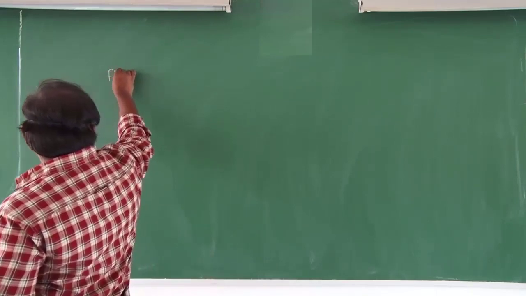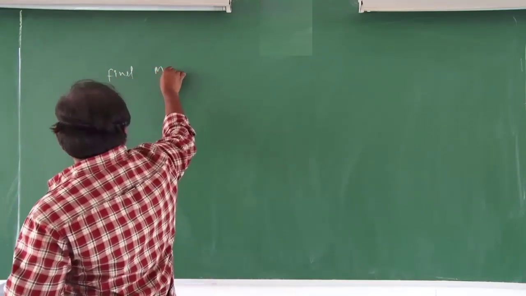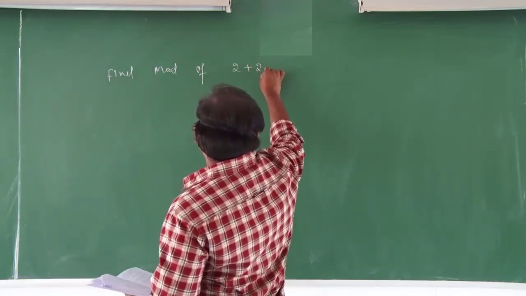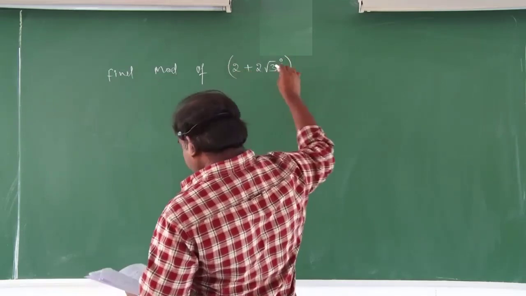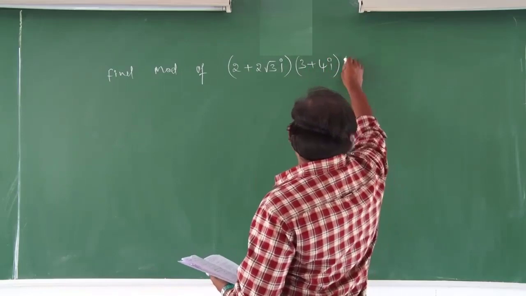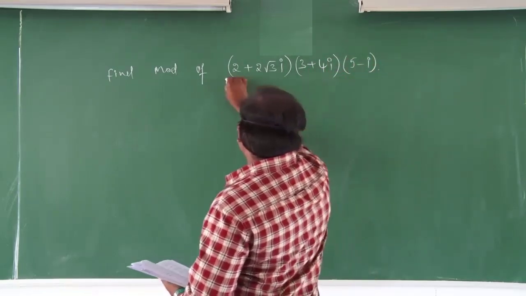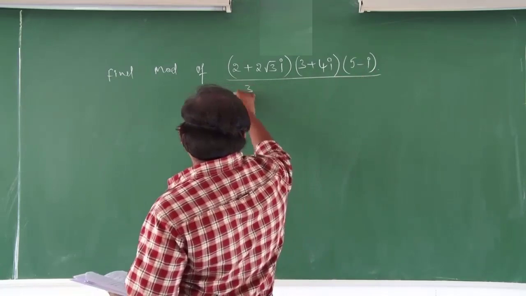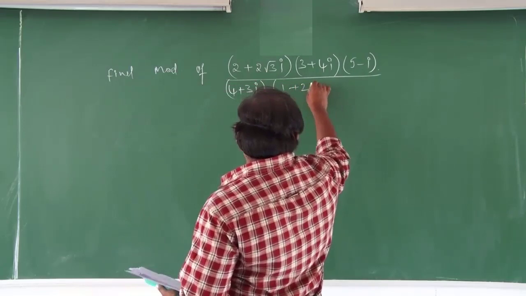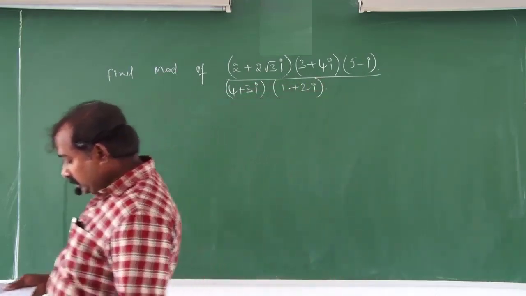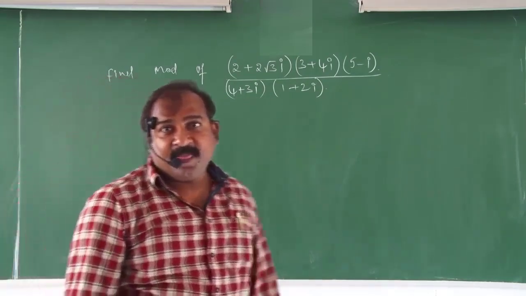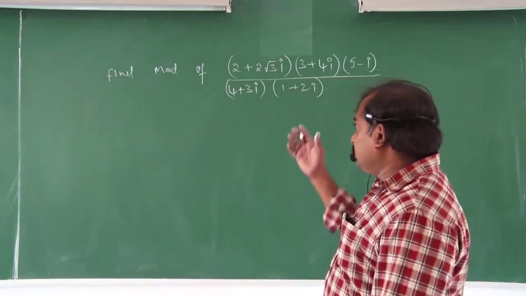Find the modulus of the complex number (2 plus 2 root 3 i)(3 plus 4i)(5 minus i) whole by (4 plus 3i) into (1 plus 2i). What is the modulus of this whole complex number? This is the value given.